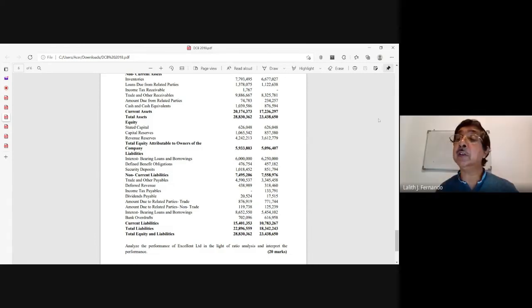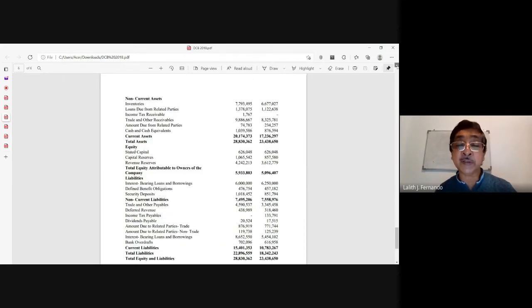Now, this is the required information. So you can just calculate the current ratio at the beginning. So we will calculate other ratios also. I will show you the necessary details here. I will keep it as it is.